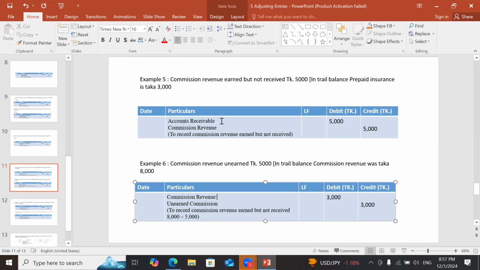Account receivable is an asset. You will get it in future, sir. So it becomes an asset, and if the asset decreases, that is credit. If the asset, account receivable, increases, it will be debit, sir. That is why it is debit. And commission revenue means credit. Revenue is the nominal account, income.